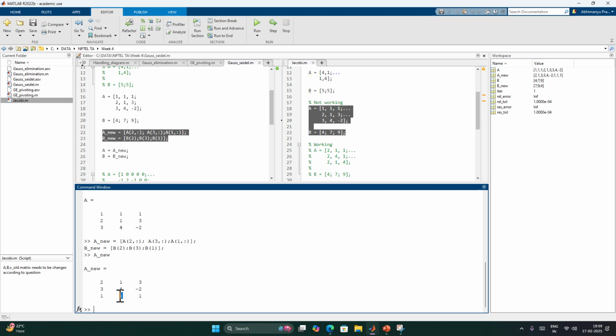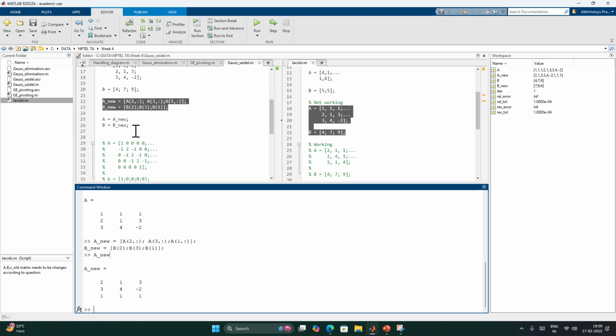So all the values below this are 0. In this one, even though 3 is greater than 2, compared to this where we were dividing 2 by 1 and then 3 by 1, in here we are dividing 1 by 2 and 3 by 2, so some sort of dominance is still there, right? And the last row is not that significant, so the last column is not that significant, so we don't bother with that.